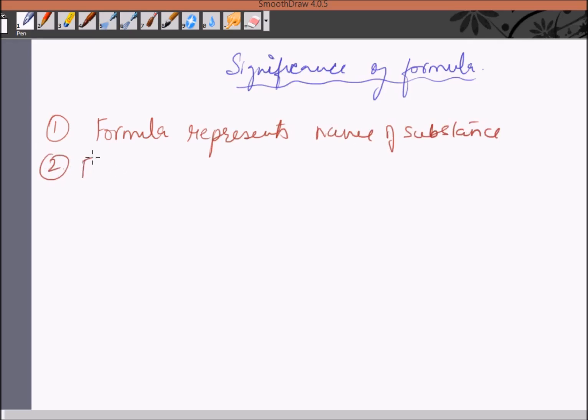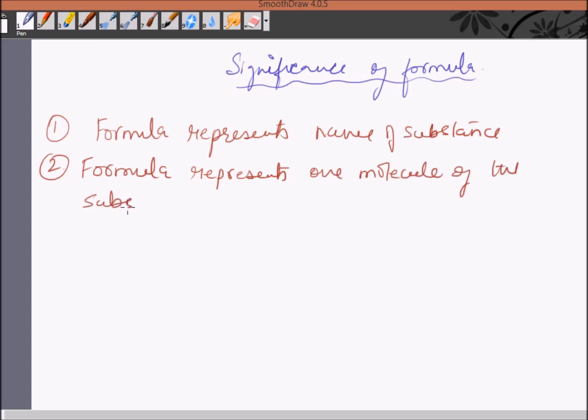Secondly, formula represents one molecule of the substance, right?